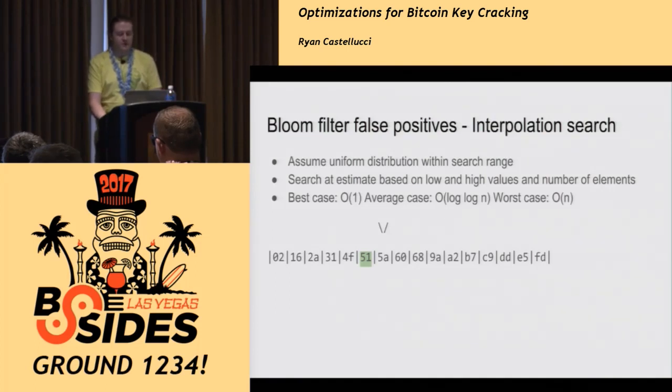If we're looking for 5.1, it should maybe be about there. And the algorithm will say, oh, well, that's slightly too high. Let's try jumping back a little bit. And it gets it on two guesses instead of 4.